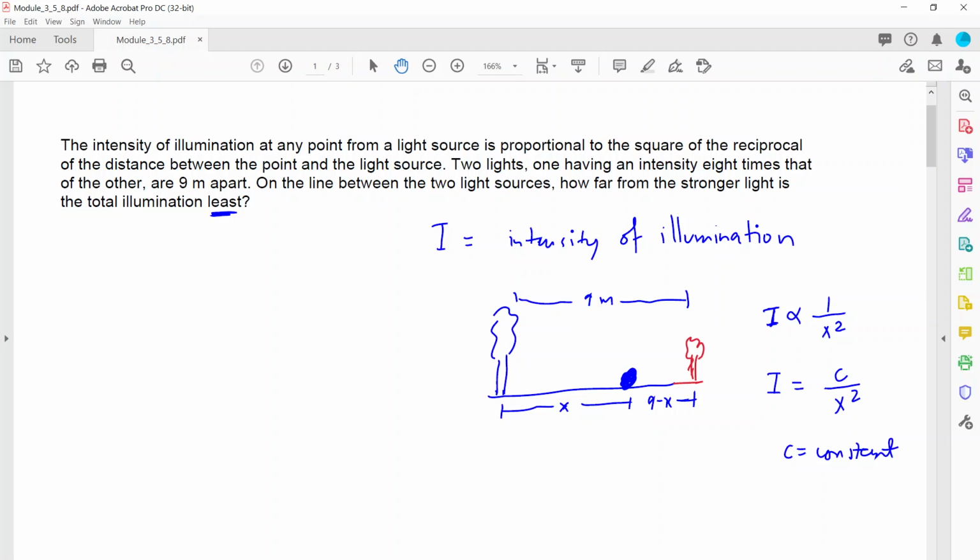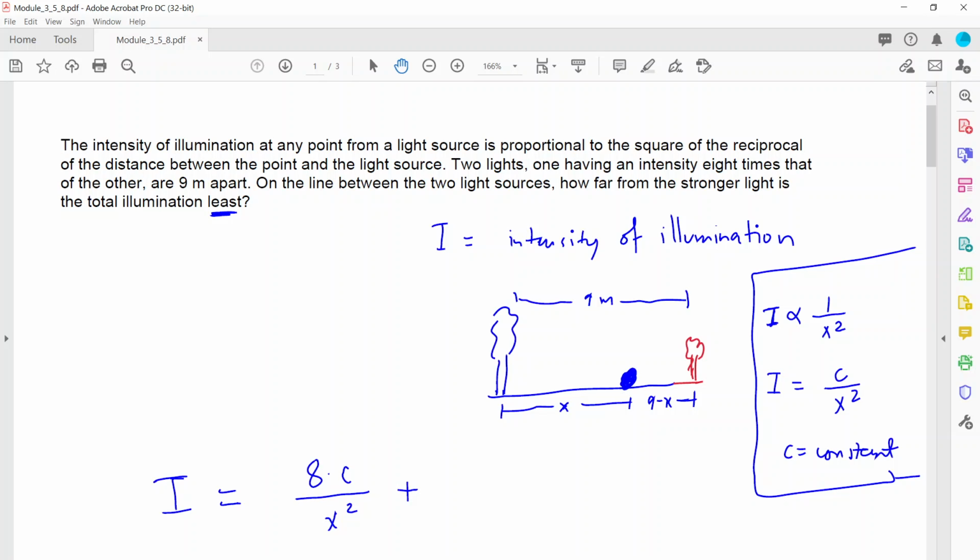Eventually the intensity at this point will be a combination of the intensities coming from both of these sources. So for this particular situation, the intensity I is equal to the intensity coming from this light source, which is 8 times the coefficient over the square of the distance, plus the coefficient c for this source over the square of the distance.